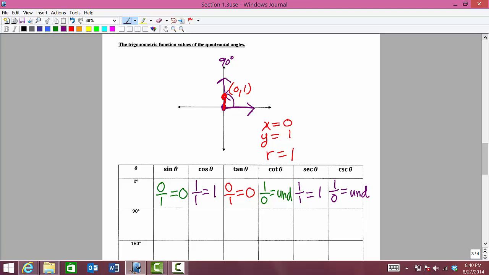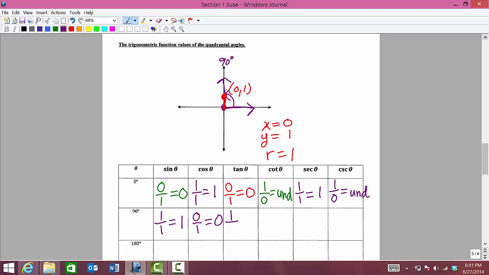All right, let's use these and form our trig functions for 90 degrees. 90 degrees has a sine value, let's say y over r, so we have 1 divided by 1, which simplifies to be 1. Cosine is x divided by r, so that's 0 divided by 1, which is 0. And tangent is y divided by x.